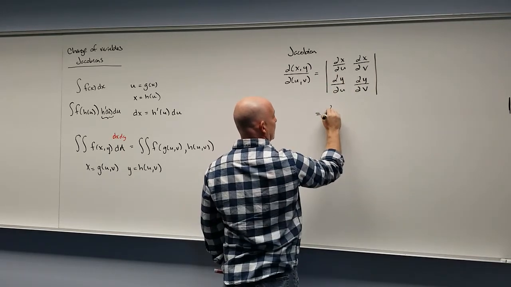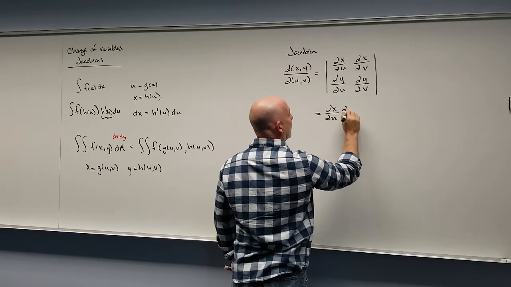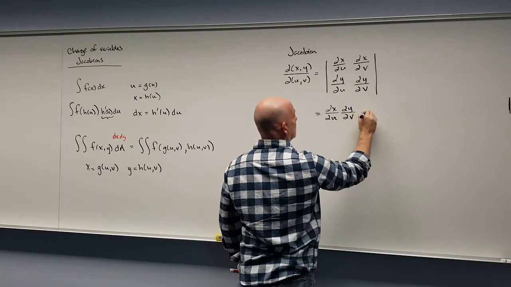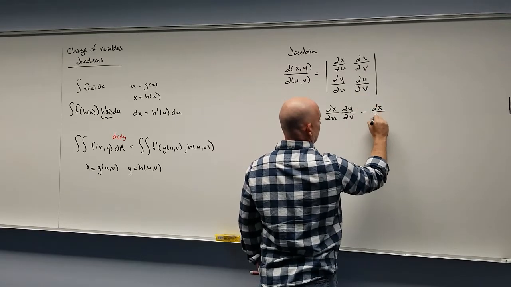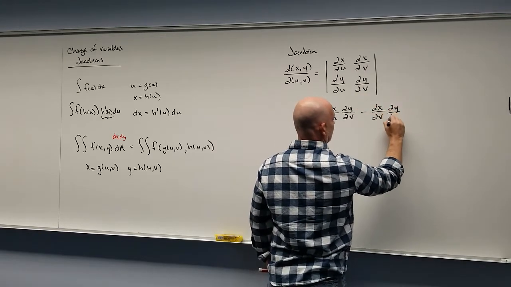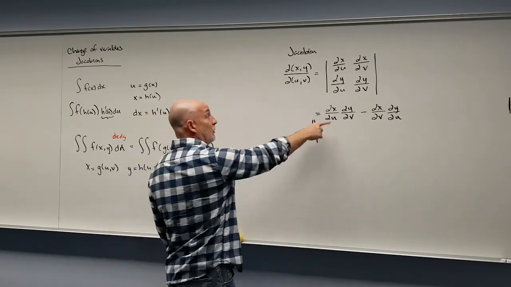So multiply down the main diagonal, partial x with respect to u, partial y with respect to v, minus the other diagonal, partial x with respect to v, partial y with respect to u. All right, so this is a new operator called the Jacobian.